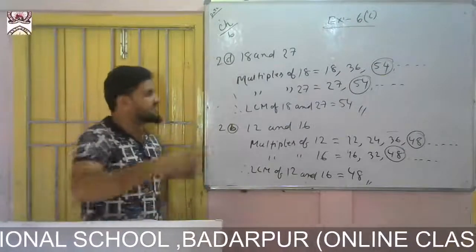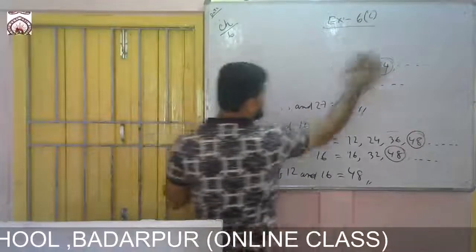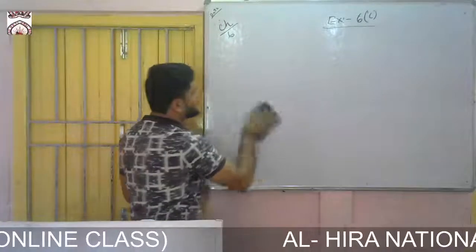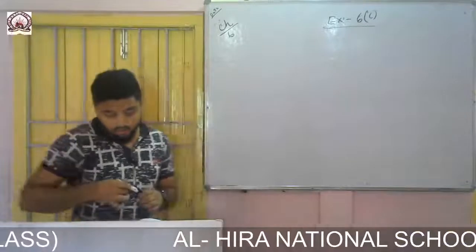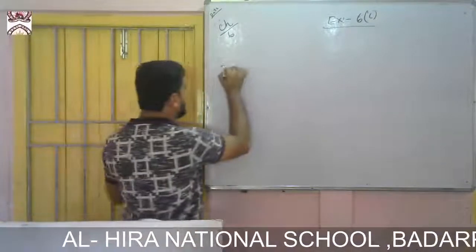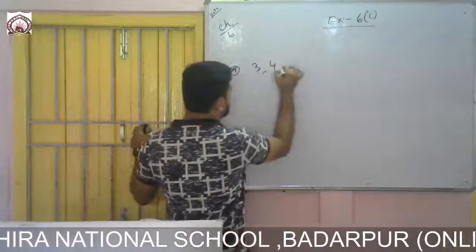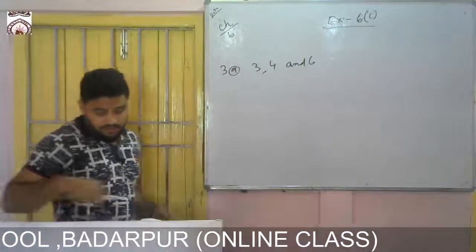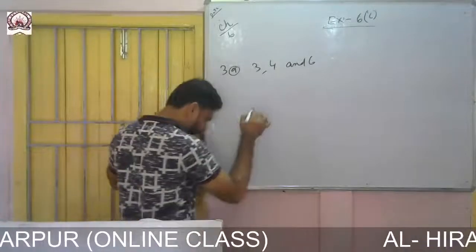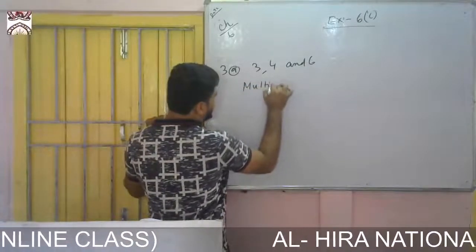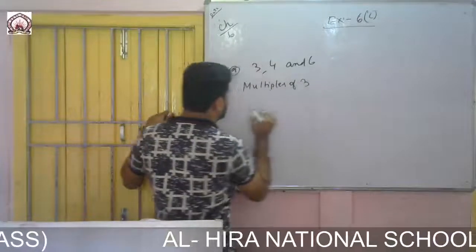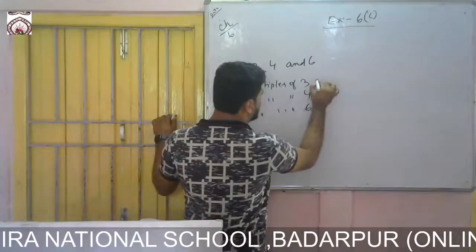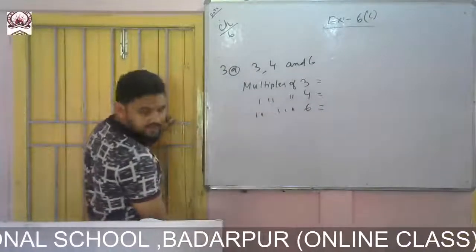So 3, 4 and 6. Write 3a. 3, 4 and 6. So write multiples of 3, multiples of 4, multiples of 6.